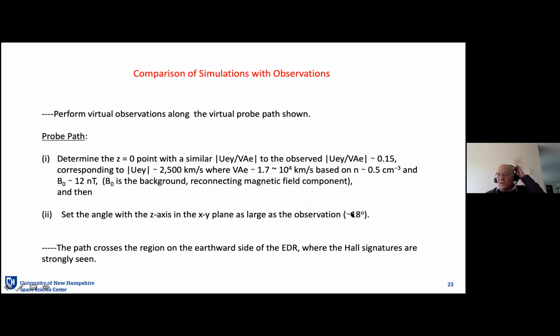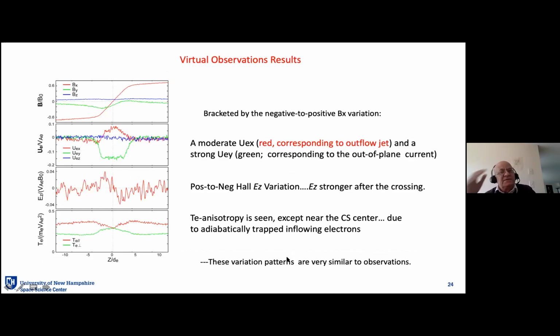And if we recall, I'm not sure I mentioned this one, but the spacecraft MMS 3 and 1 were crossing at an angle of 18 degrees to the normal. This is where the 18 degrees comes from. And we find that the path crosses the region earthward of the EDR. And let's see what it sees.